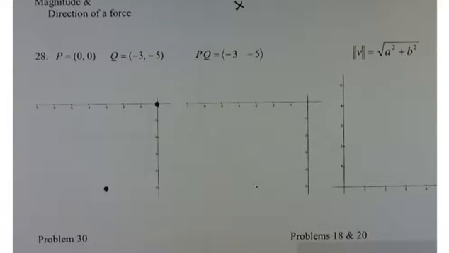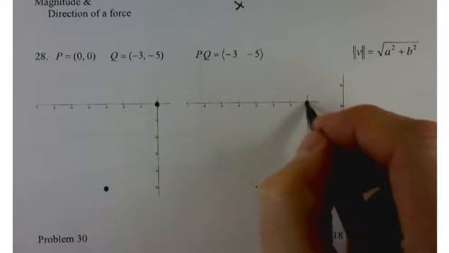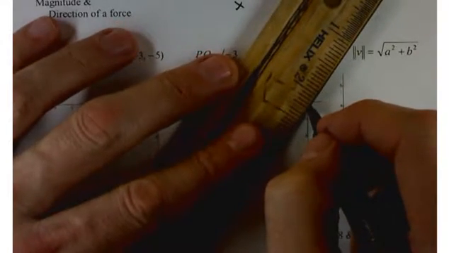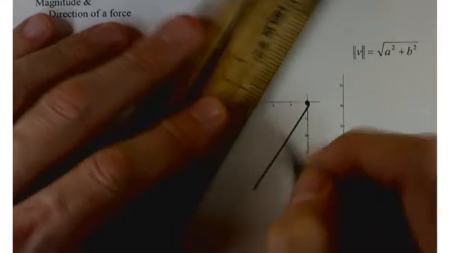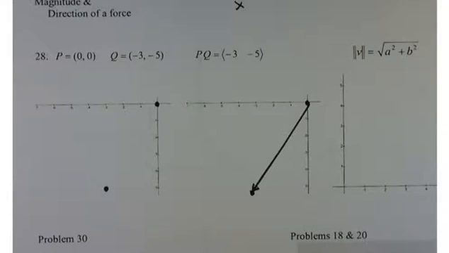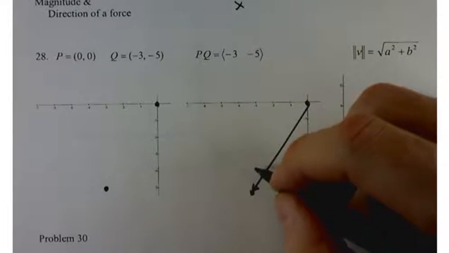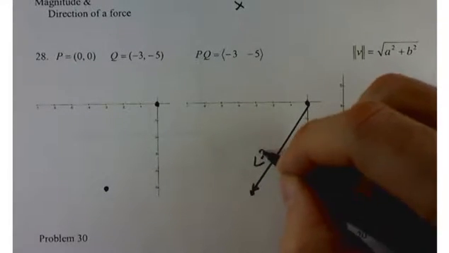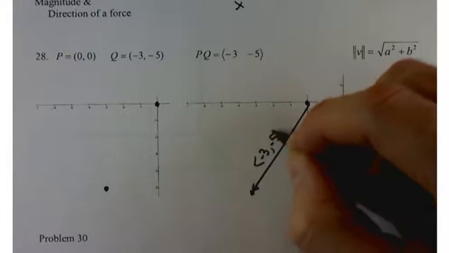The vector PQ says, all right, we're going to start out here at the origin and move this far in this direction. So I'll move to that point. And so this would be the vector PQ, <-3, -5>.